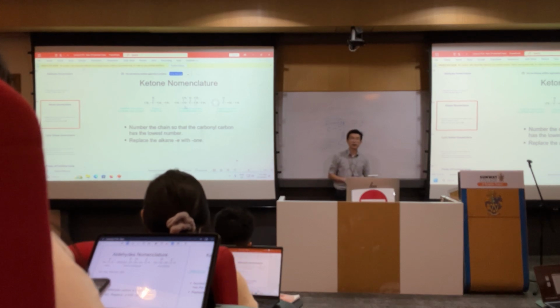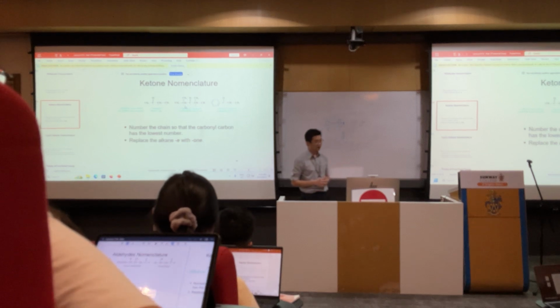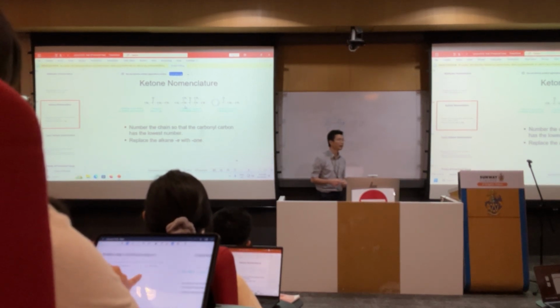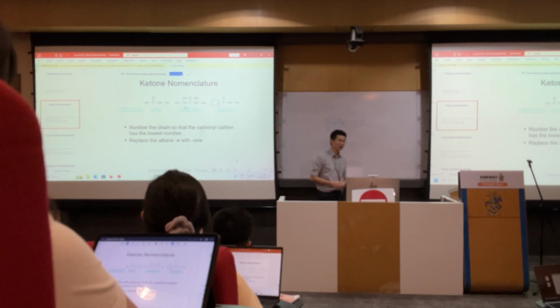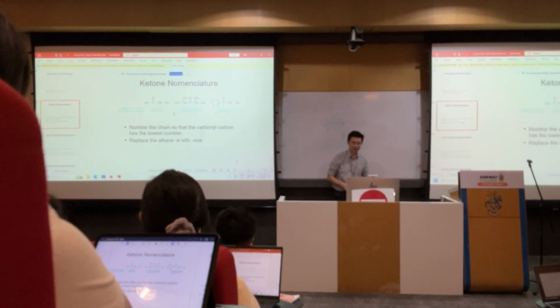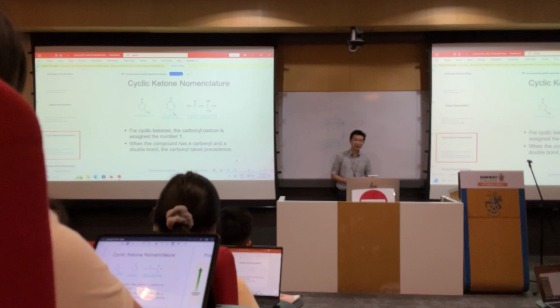Similarly for ketone, the suffix is -one, and the number of carbons, as I mentioned, the minimum is 3. So the minimum ketone is propanone. If it's 4 carbons, then we name it butanone. For cyclic ketone, also the same.